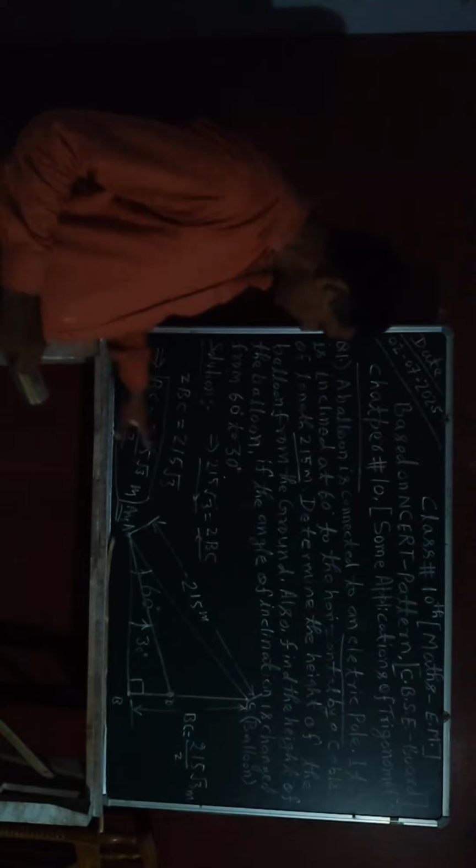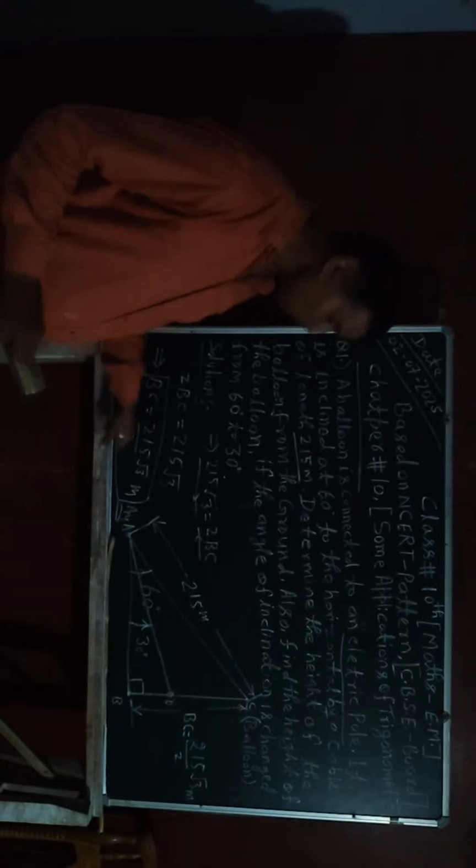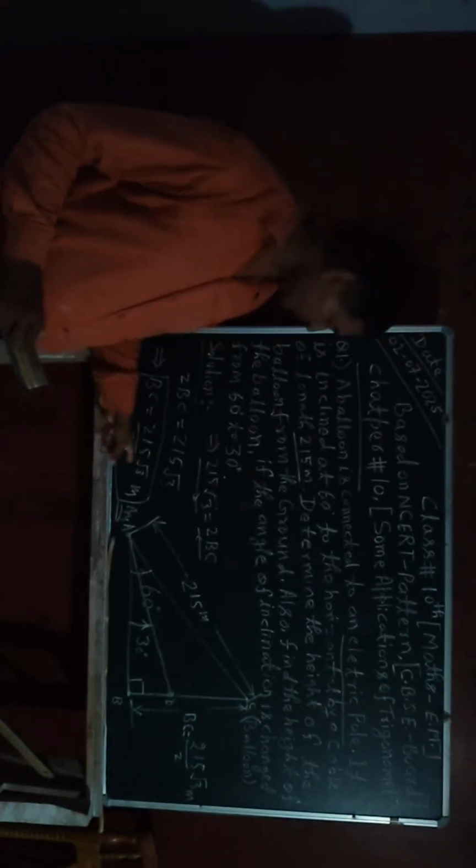So here there are two questions. One is to determine the height of the balloon from the ground. So I have obtained that height, that is BC, is equal to 215 divided by 2 into root 3. Okay. So further I will put the value of root 3 as 1.732, and after calculating I will get a real value. Okay. So you can also assume this one.